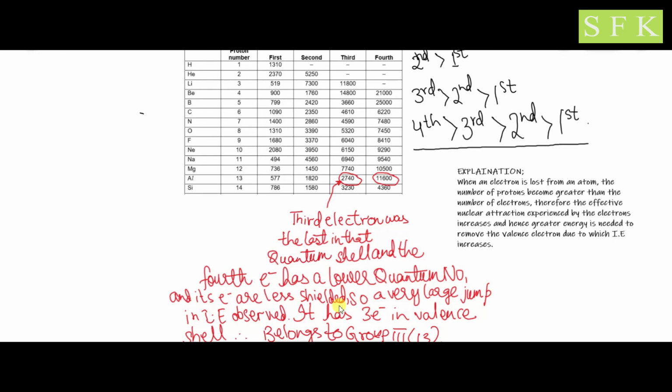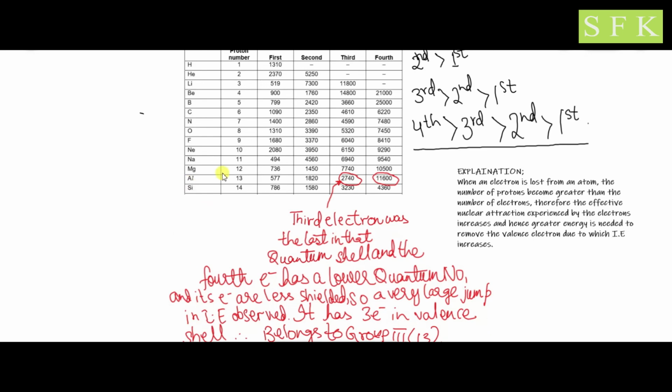So a very large jump in ionization energy is observed. It has 3 electrons in the valence shell, and therefore it belongs to group 3 because we know that the number of valence electrons is the same as the group number of that element. Group 3, 3 in Romans, else it's 13.